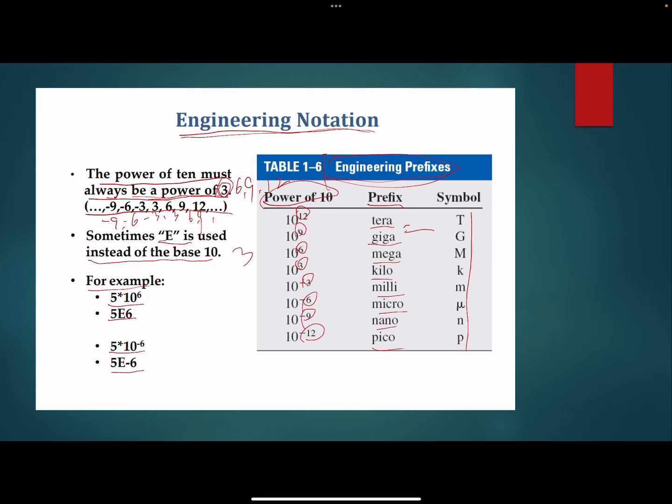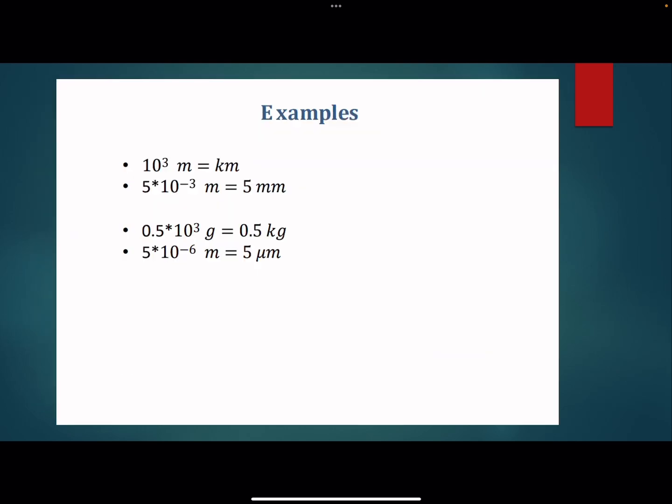These are the symbols for these prefixes. And the base number is between 0 and 999. That's the base number for engineering notation, times 10 to the power of a multiple of 3.